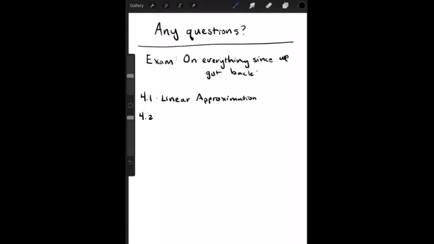So, extreme values, 4.3, monotonicity, and the mean value theorem. 4.4, the shape of the graph.